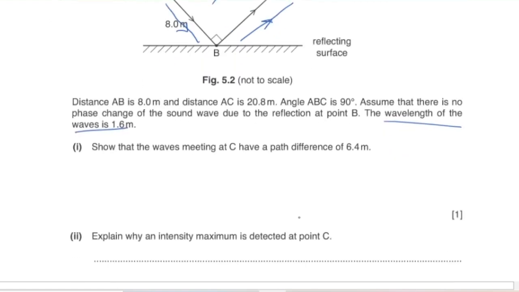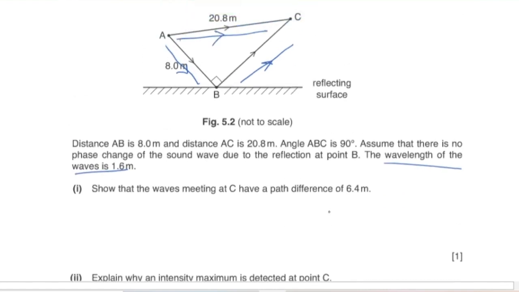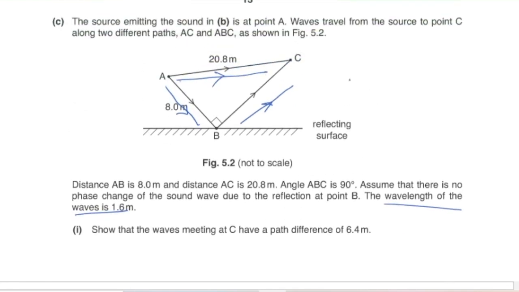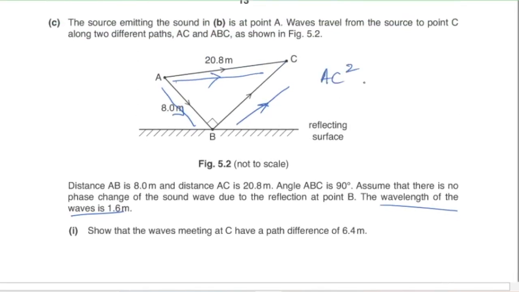Part 1, show that the waves meeting at C have a path difference of 6.4 meters. So for this, we must have distance BC, which is this one. By using the Pythagoras theorem, AC squared is equal to AB squared plus BC squared. After you substitute all your values, you will have BC's length as 19.2 meters.